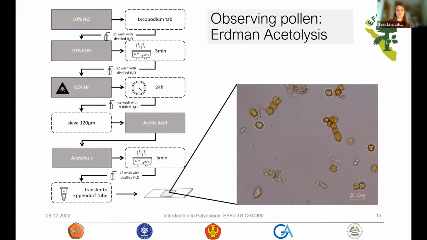Then we use acetic acid and also a solution for acetolysis specifically, which is a combination of sulfuric acid and acetic anhydride. So again, very strong acids together. Yet our pollen prevails going through all of these treatments. You can see here on the right hand that the pollen is still intact. You can see the single grains and you can even see the structures of the wall.